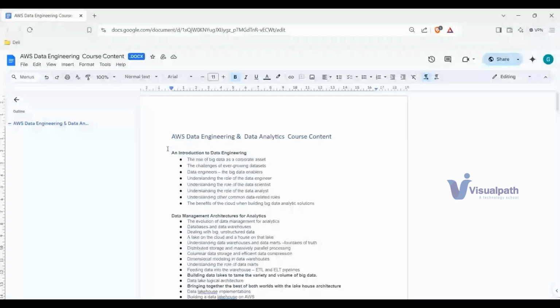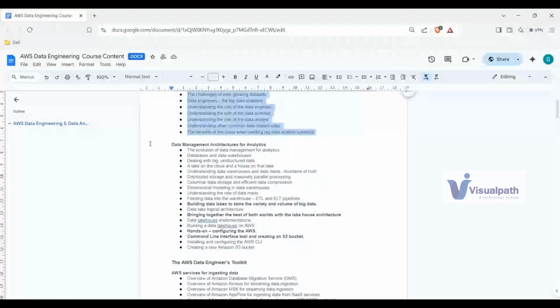There are lots of things that come into picture, like what kind of data management techniques are there, what are the architectures involved, how do we design this architecture within AWS, with database, data warehouse, lake house, delta lakes, and there is one more thing called data marts. Once the data comes in, at what level we store the data in which data management architecture, that is the key. That's our expertise. It should be.